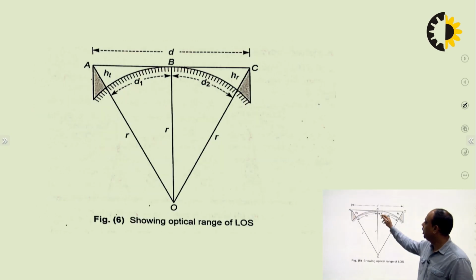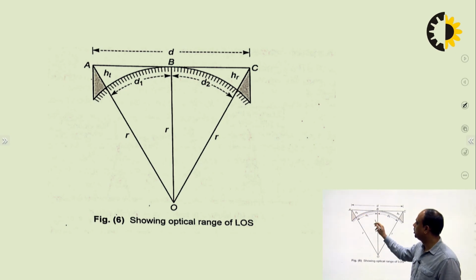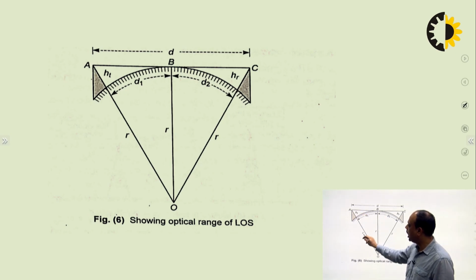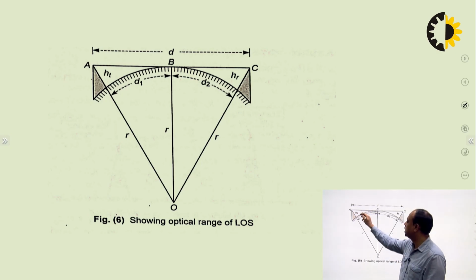By using this triangle, we have R square. We have to calculate this d1. So d1 square is equal to (R plus ht) whole square minus R square.